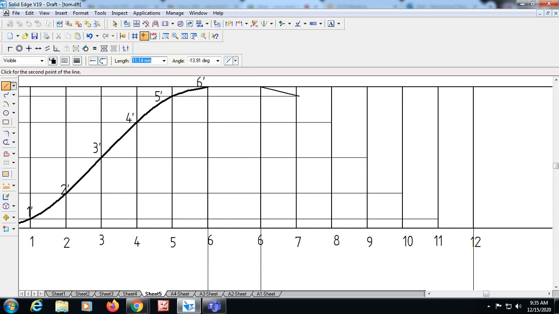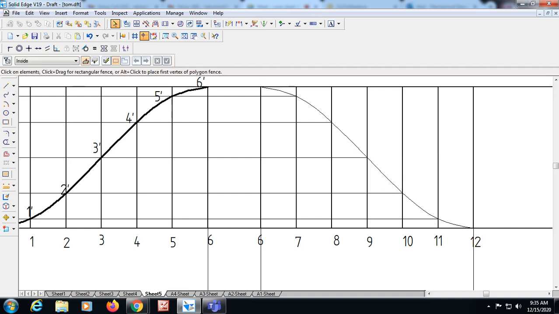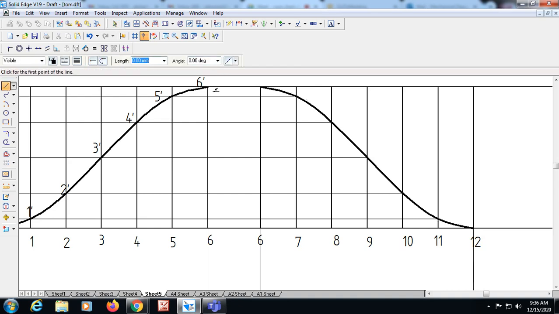From here, the intersection of this, so this will be dark. Okay, and one more line here, it should complete.